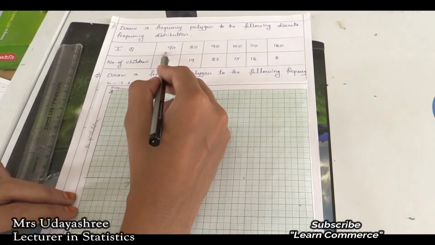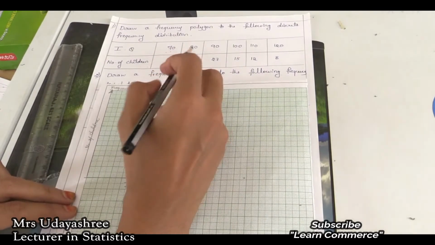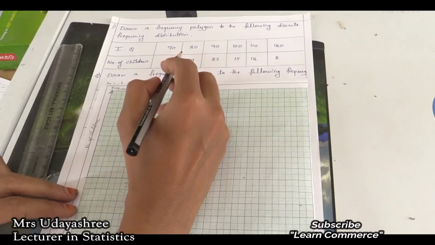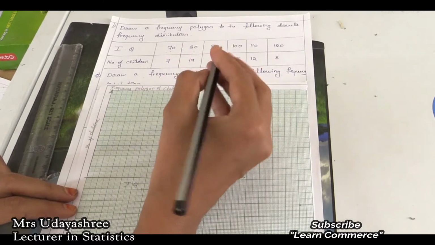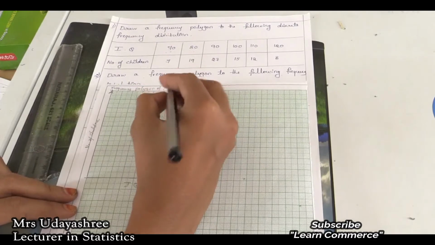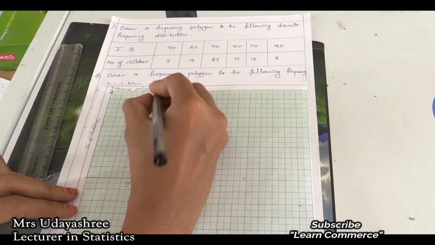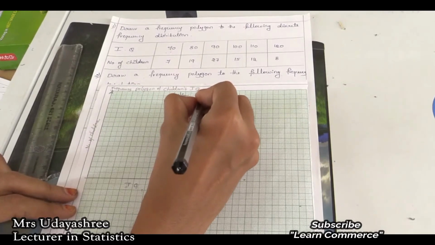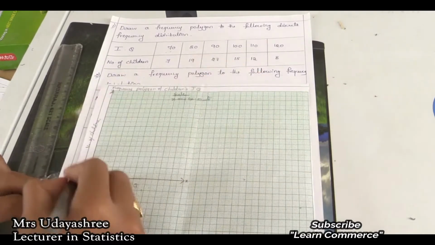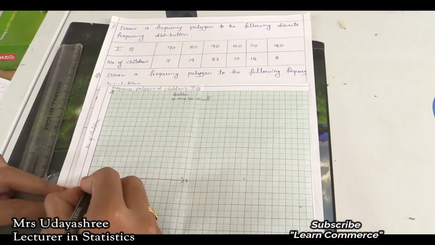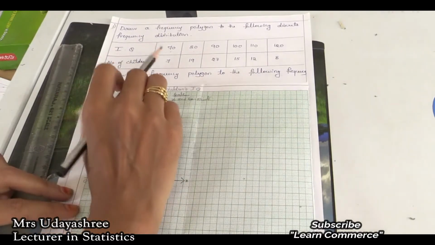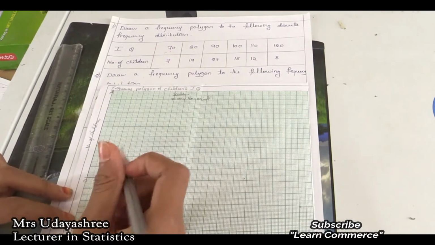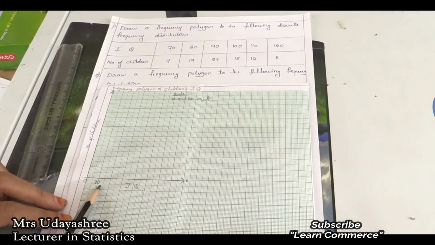Here a suitable scale is 1 centimeter equal to 10 units. So the origin is 0, and the first value is 70. Why?